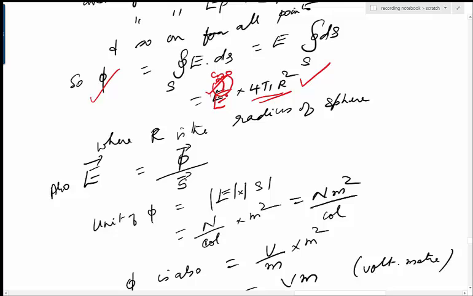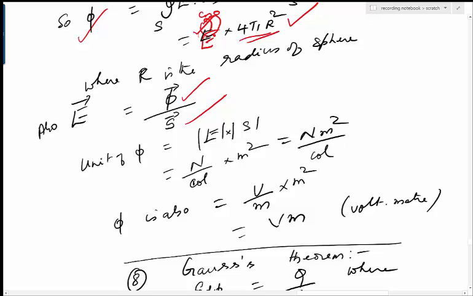E will be equal to phi divided by S. They may give information about phi and S, and ask you what E is, saying that theta equal to 0. Supposing they say theta equal to 0, in this case alone. Otherwise you have to write S cos theta. More specifically, E will be phi divided by S cos theta.